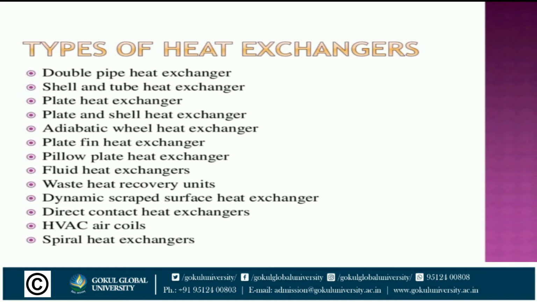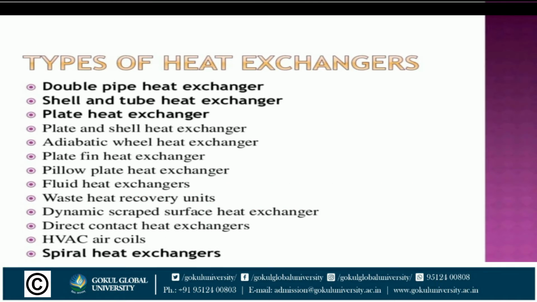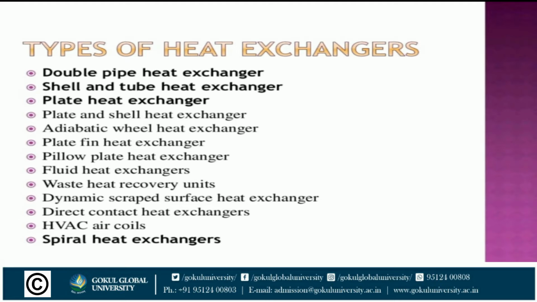And shell and tube heat exchanger. Spiral heat exchanger: tubes are combined in spiral shape. Friends, double pipe heat exchanger and shell and tube heat exchanger are mainly used in industrial use.